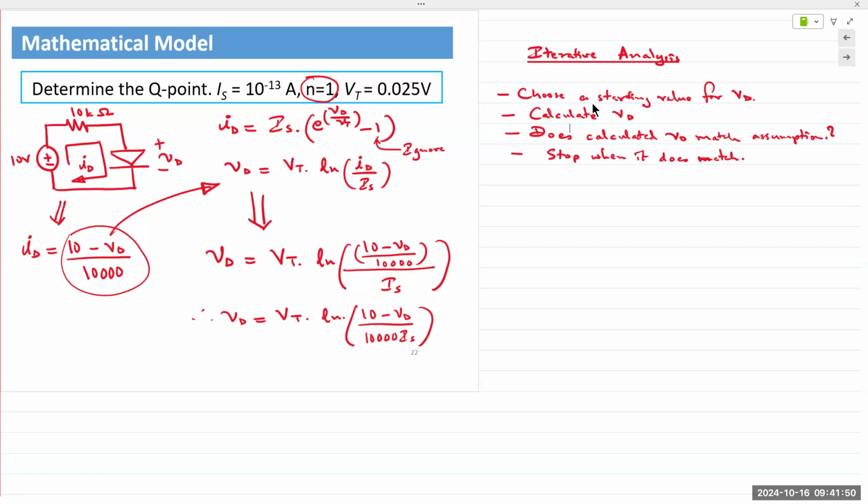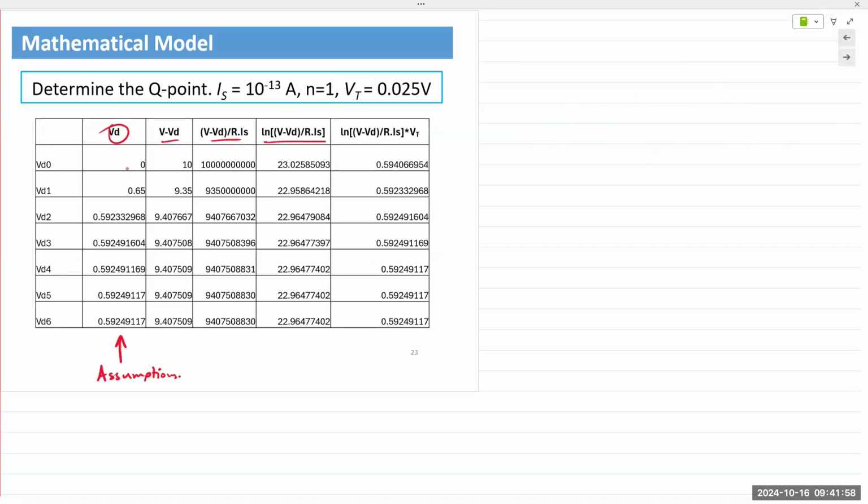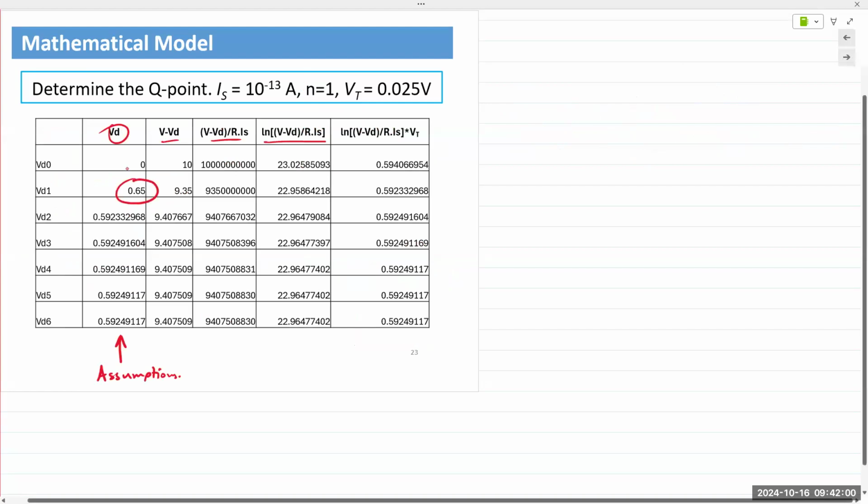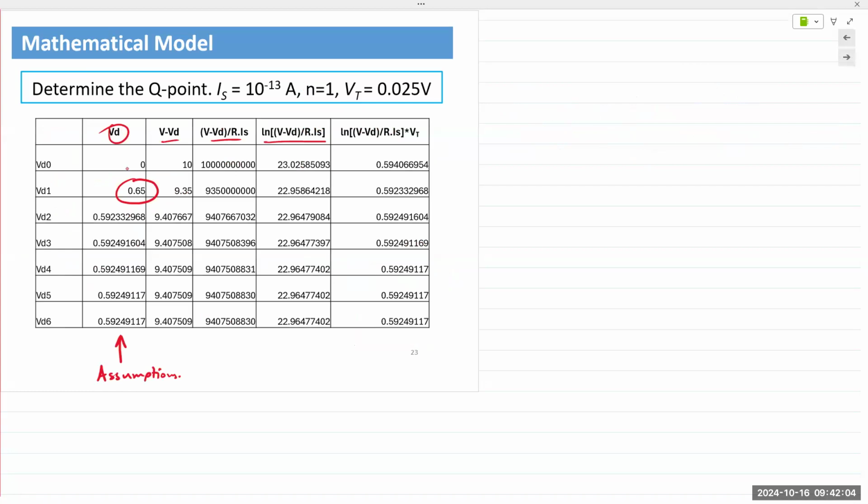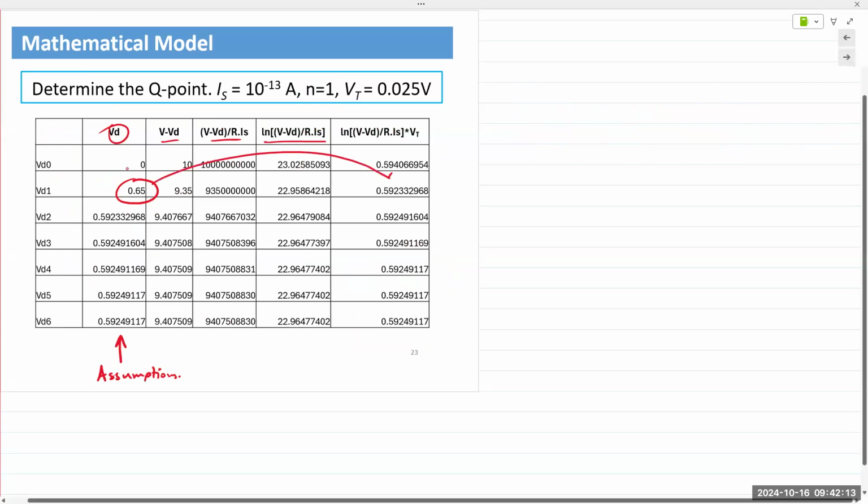So you can pick 0.6, you can pick 0.7, pick 0.65, doesn't really matter. Okay. So here, if you look at the second value, I choose my starting as 0.65. I'm choosing VD is equal to 0.65. I plug it into the equation and I calculate the value for VD.